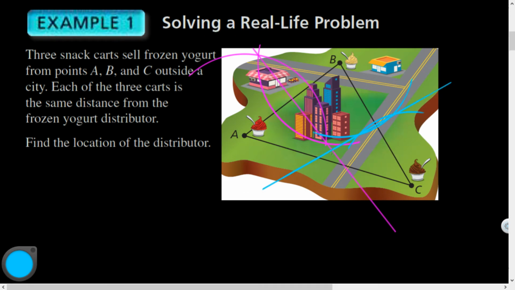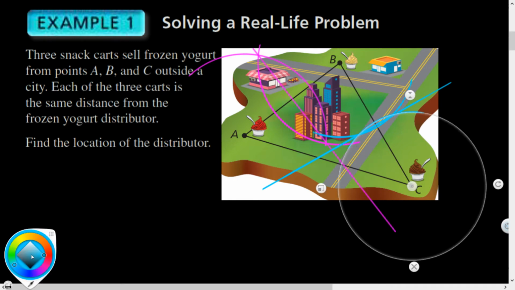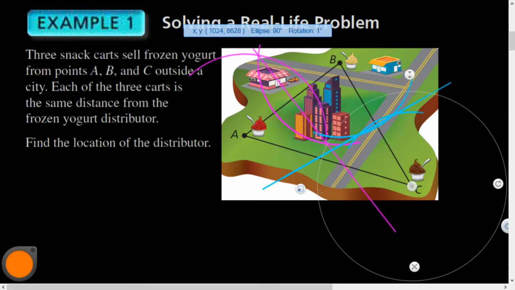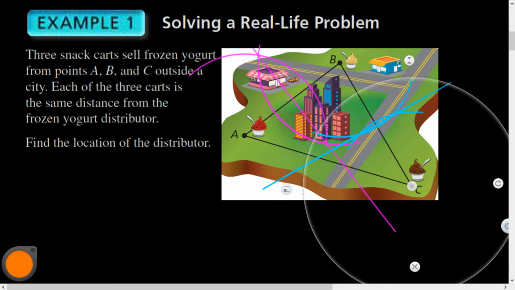All right, so even though I've only drawn 2 perpendicular bisectors, this is going to be the point of concurrency. But let's draw the 3rd one for the amazing reveal that it is, in fact. All right, let's prove me wrong then. Let's find out. So let's draw the 3rd perpendicular bisector.